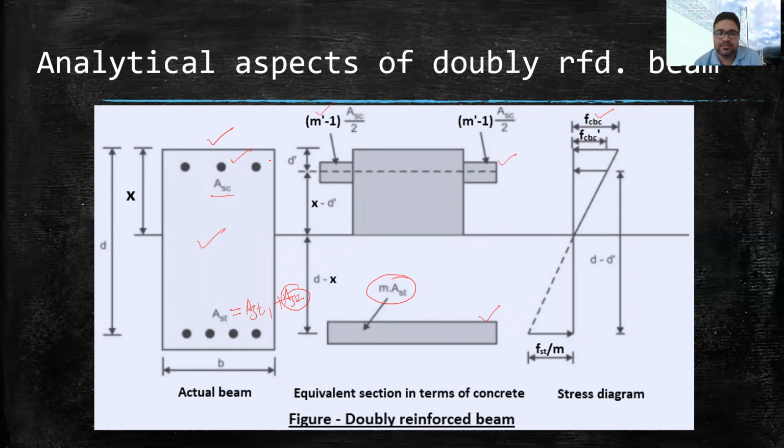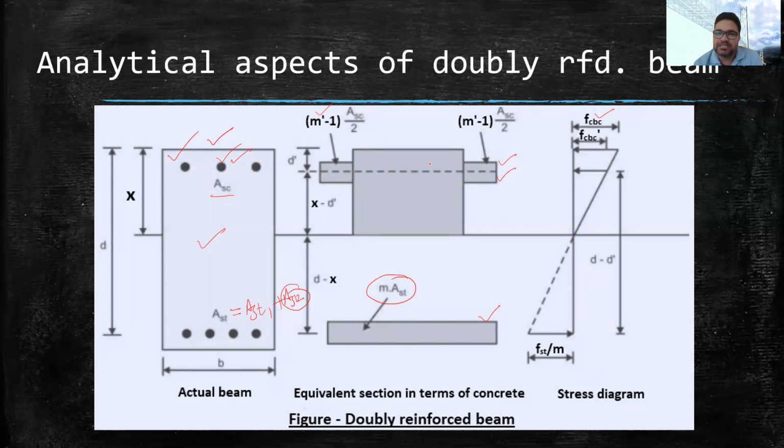As I said, we will replace this compressive steel with the equivalent area of concrete, basically for our calculation purpose, not actually. Actually, the beam will look like this, but for calculation purpose, we are replacing steel with the equivalent area of concrete so that our calculation can be worked out.